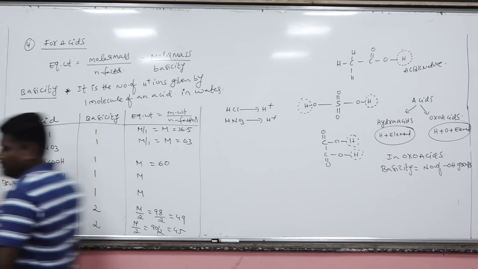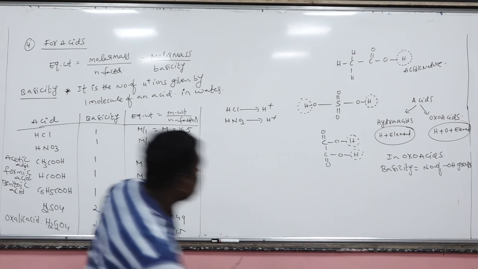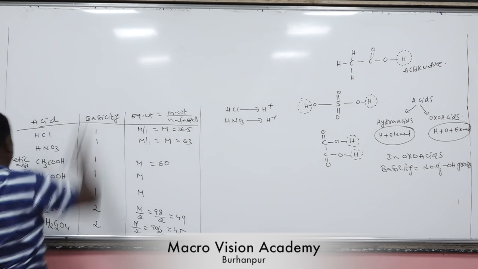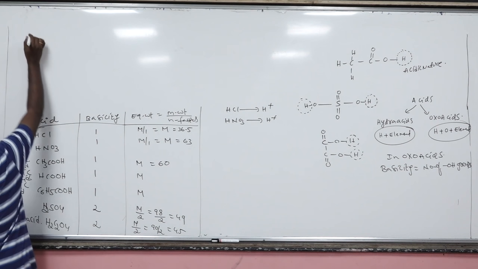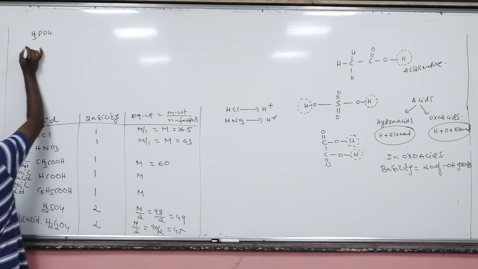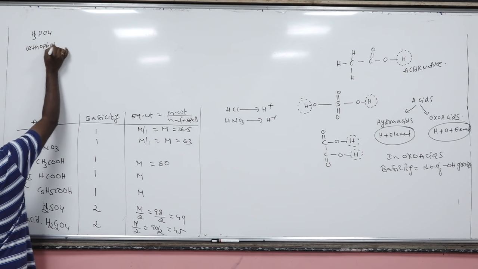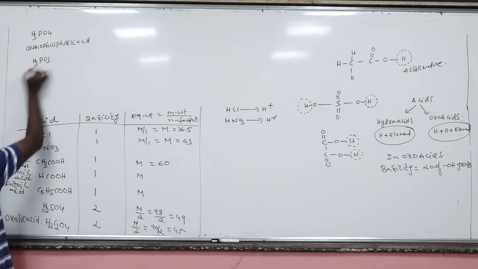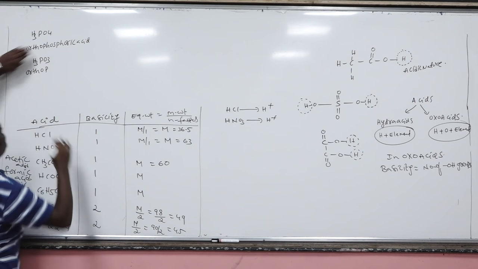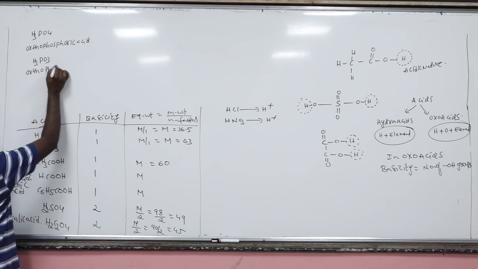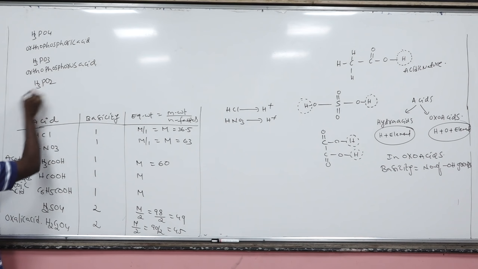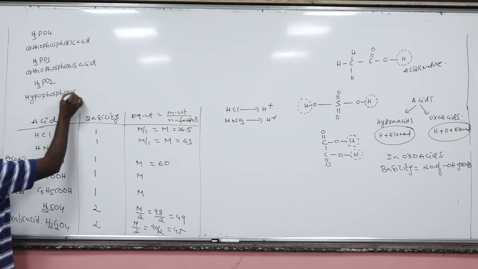Now come to some important acids. Ortho phosphoric acid, H3PO4. Then H3PO3, which is known as ortho phosphorus acid, and H3PO2, phosphinic acid.